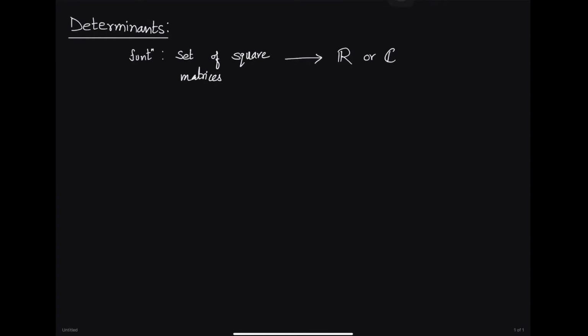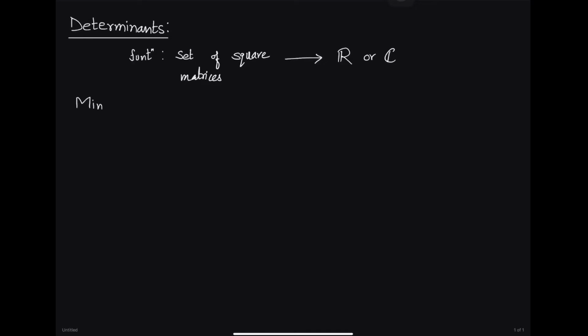So basically, a determinant is a function from the set of square matrices to the real or complex numbers, depending on the entries.